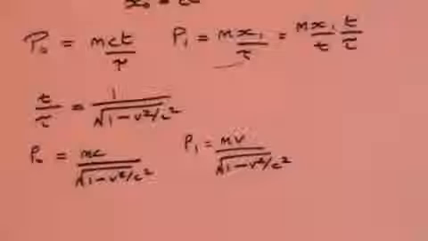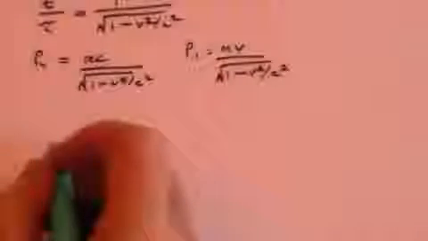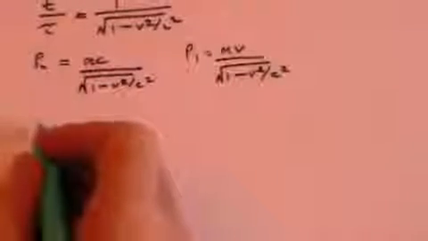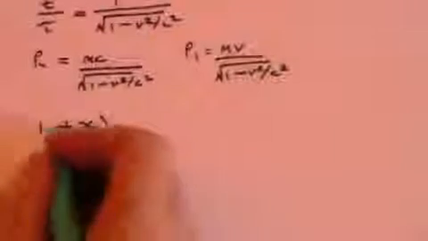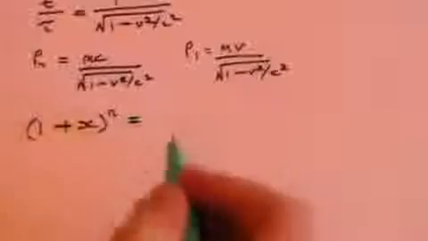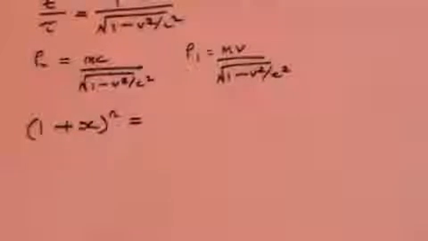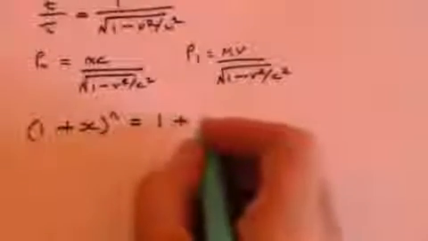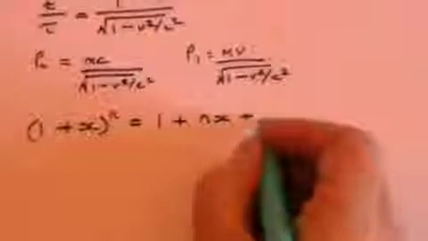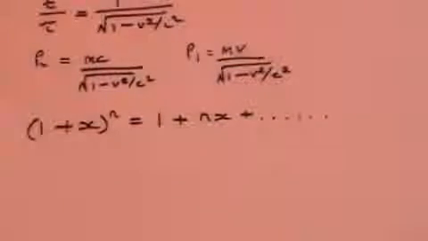Now, we can use a famous expansion in mathematics, which reads like this. If you have a term 1 plus x all to the power n, then you can roughly write that out as 1 plus nx plus a lot of other terms that we can forget because they will generally be small.